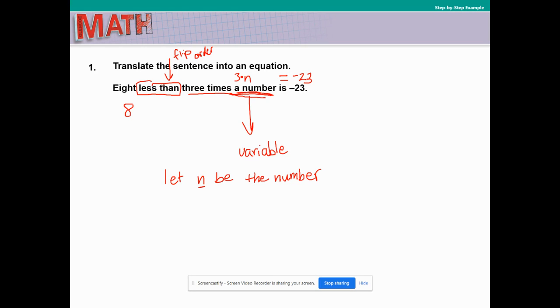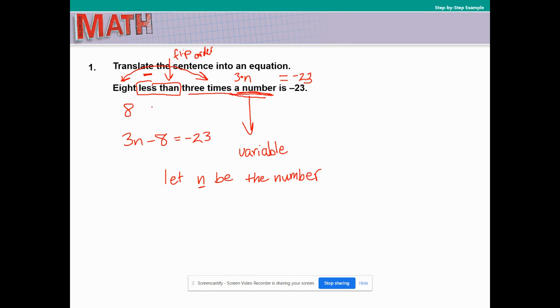So less than means flip the order. Less is going to be minus, than means flip the order. So we're going to flip these two things in our answer and get 3n minus 8 equals negative 23.